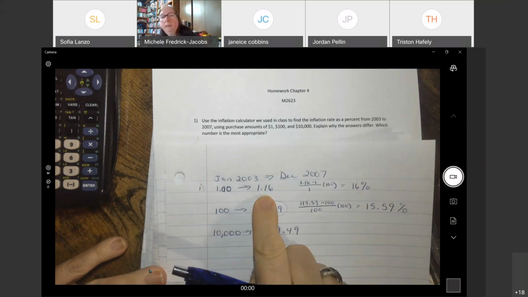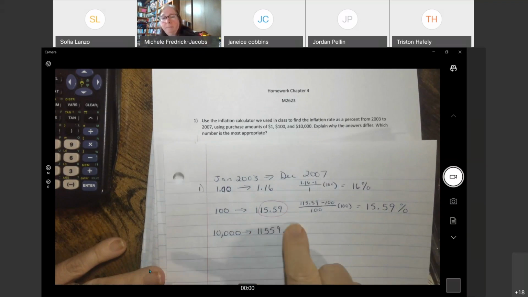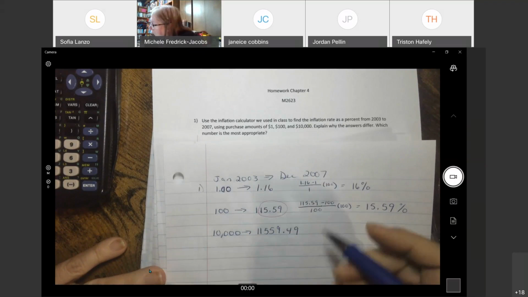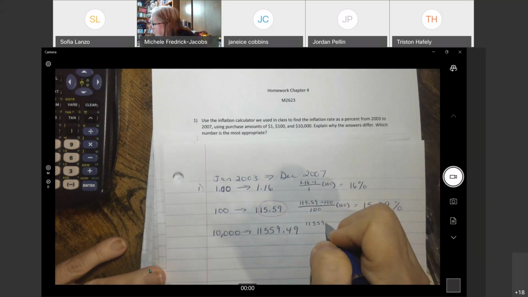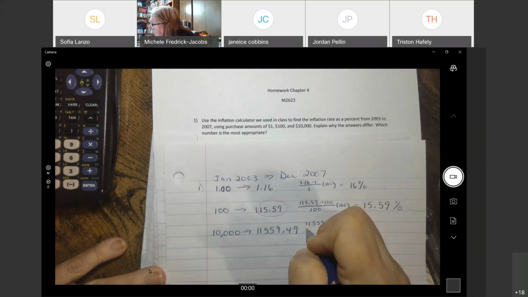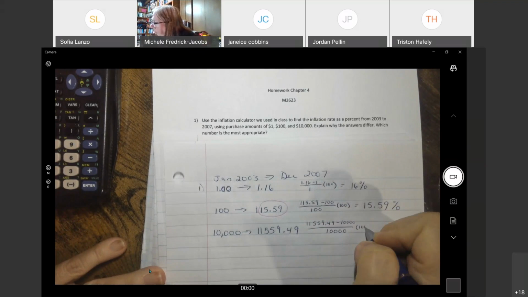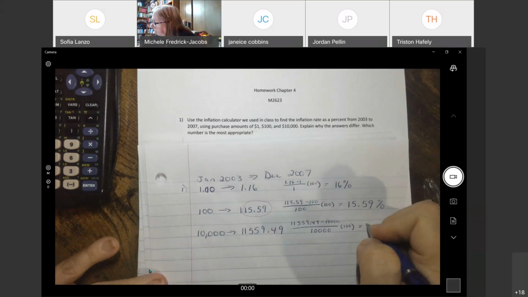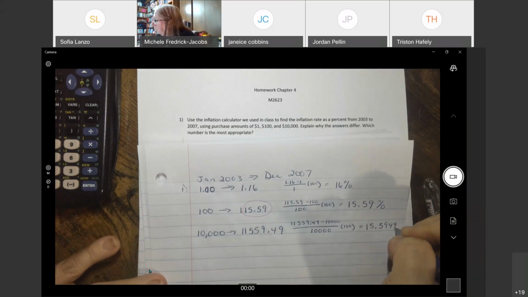It's right there. Now this one will be, you get 15.5949.